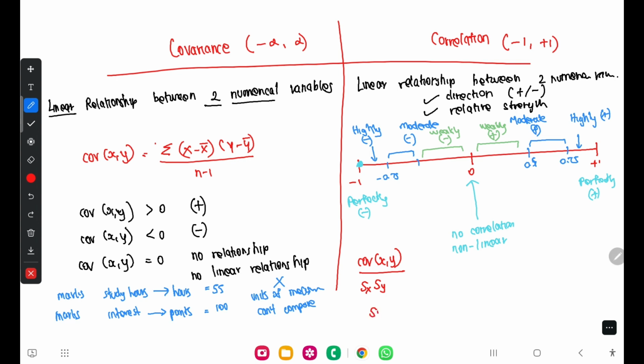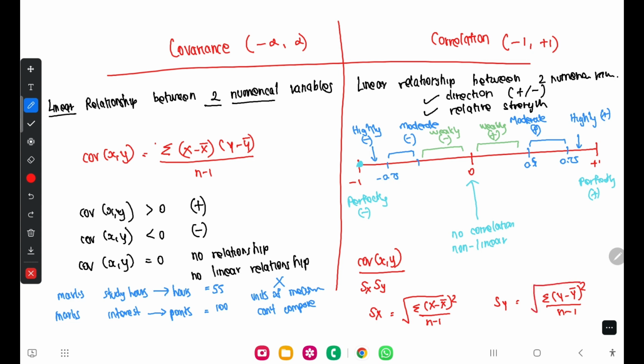So the standard deviation of x is the square root of sigma (x minus x bar) whole thing squared over n minus 1, and Sy is given like the square root of sigma (y minus y bar) whole thing squared over n minus 1.